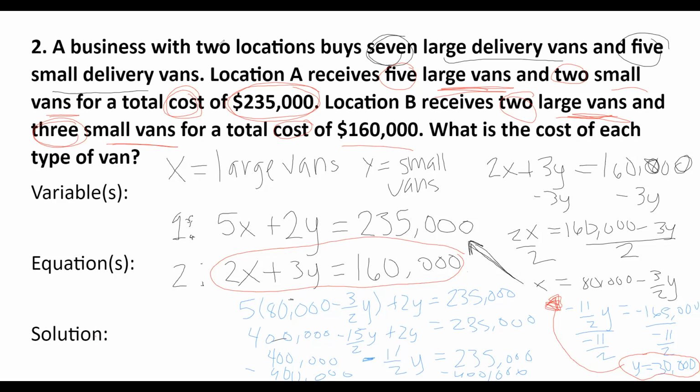So x at the end should equal 35,000. I would have shown y'all, but I literally ran out of room. But if you plug y into this equation right here, you should get 35,000. Use your calculator if you need to. So that means the cost for large vans is 35,000, and the cost for small vans is 30,000.